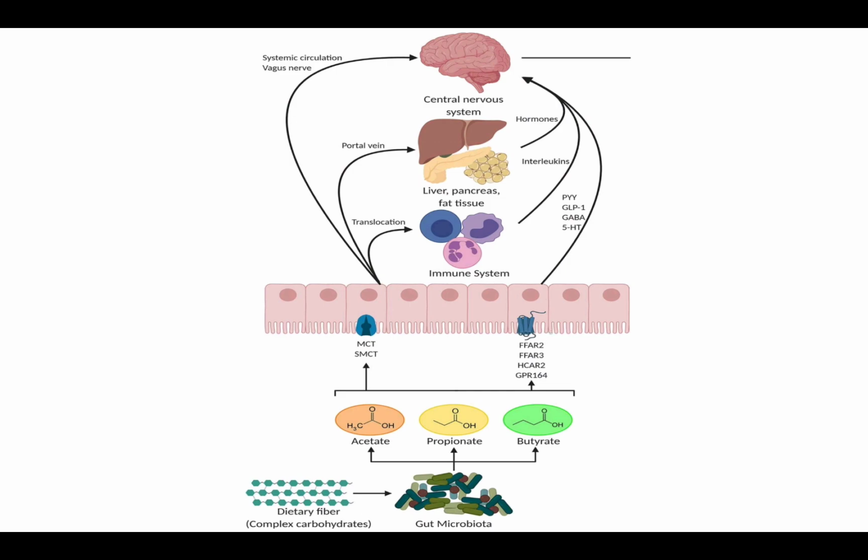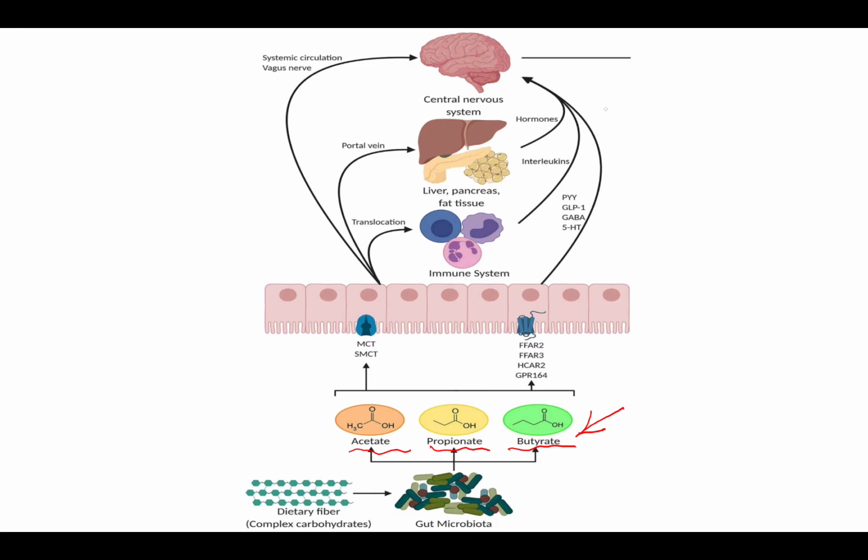If the organisms are good, they secrete these three chemical substances. Most important is butyrate. Butyrate is very good. Why? Because it goes to the immune cells and it calms down inflammation.